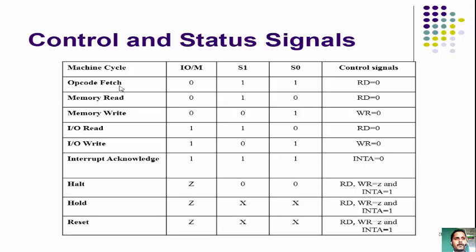Different kinds of cycles are mainly observed in any microprocessor. The first one is the opcode fetch cycle. Opcode means operational code of the instruction, and fetching means reading the opcode from the memory.